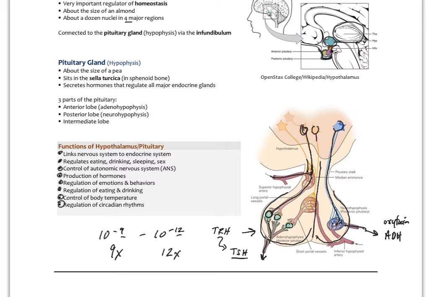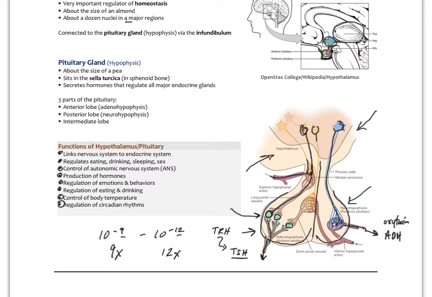So the slightly different function has to do with embryologically, the pituitary arose in two parts. One was from the brain, we could say a neural part, and then the other part came from the oral mucosa. So really when these two parts came together, we get the anterior and posterior pituitary. So they have different interconnections based on that. Okay, so that's a little on the hypothalamus and pituitary.